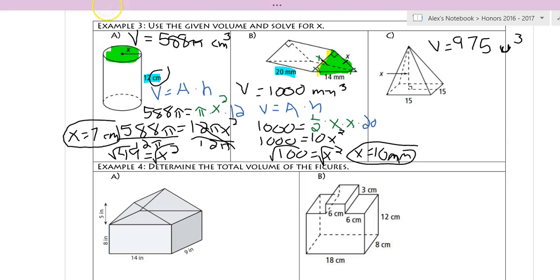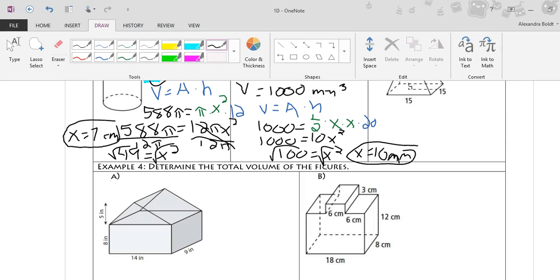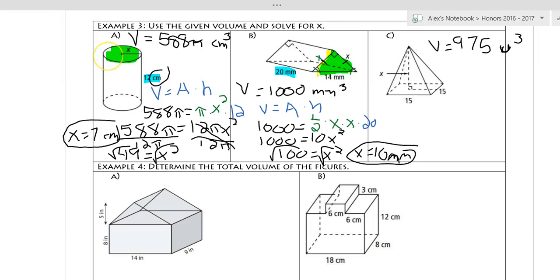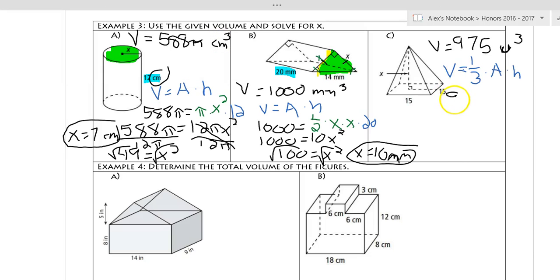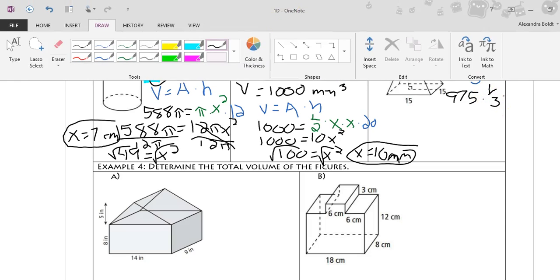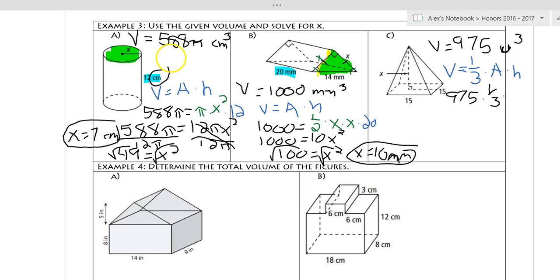Alright, for our last one. Now this is a pyramid. So when I'm writing my volume formula, volume equals 1/3 times the area of the base times the height. So my volume is 975 equals 1/3 times the area of the base, the base is down here.